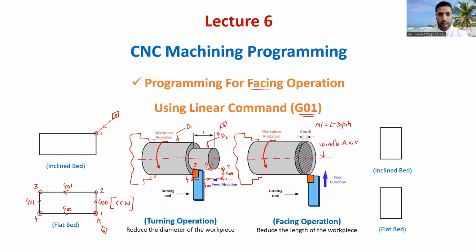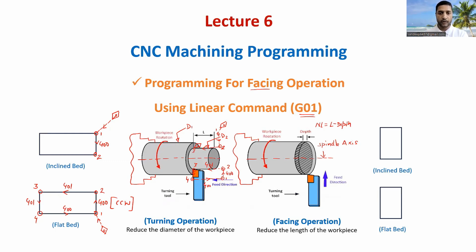Now we will move the cutting tool at this location from point number 1 to 2 with a rapid traverse again. So this is the location of point number 2, because there is no contact of the cutting tool here with the workpiece. So now we will remove this much material from the workpiece, and cutting tool will be at this location now. Okay.